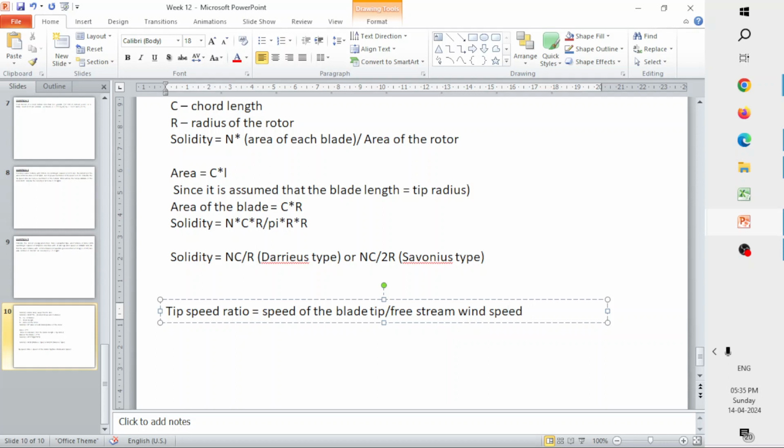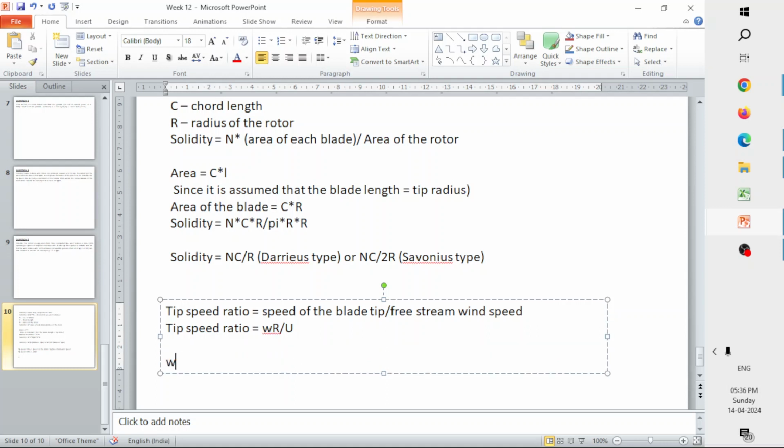So this is the tip speed ratio, and the formula, represented as lambda, is: tip speed ratio is omega r divided by u. So u is the free stream wind speed or undisturbed airflow. The speed of the blade tip is written as omega times r.